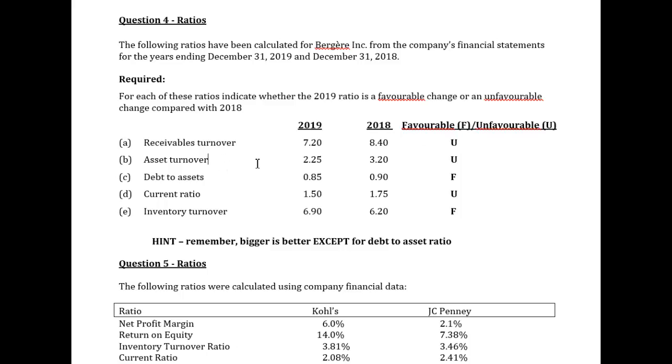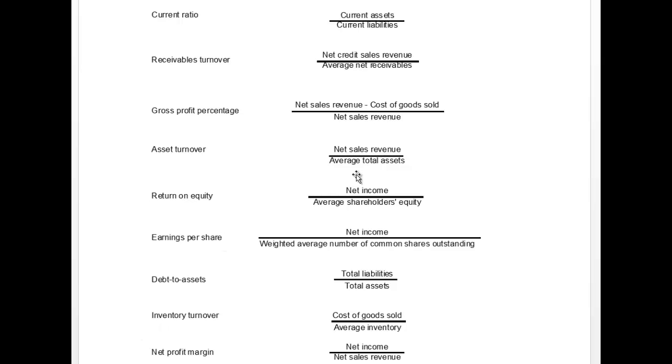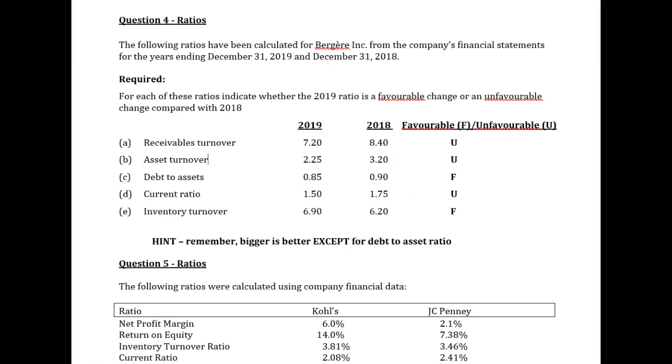Your asset turnover, that's a measure of efficiency of your assets to help you generate revenue. If you look at the formula, you can see that. For all of our assets that we have, on average, how much sales revenue do they help us generate? So in our question, bigger is better. In 2018, we were generating 3.2 times in revenue the balance of our average total assets.